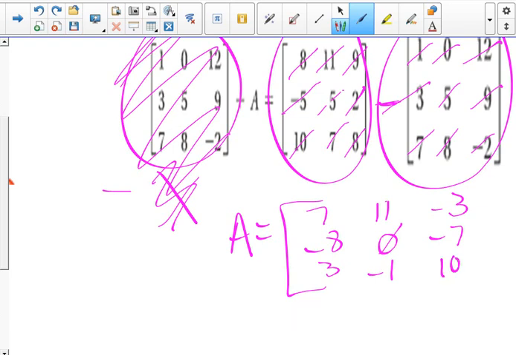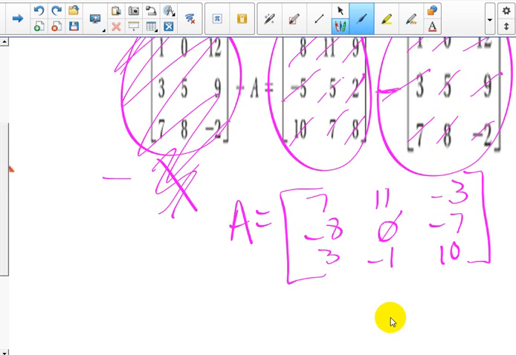So that's going to be a 10. All right, so there's my answer. That is my matrix that's missing. Is everybody with me there? Any questions?